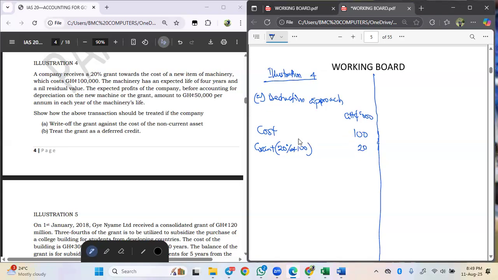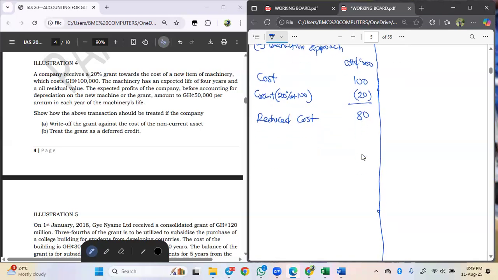Are you okay? So the reduced cost is 80,000. Now, depreciation is calculated on what?